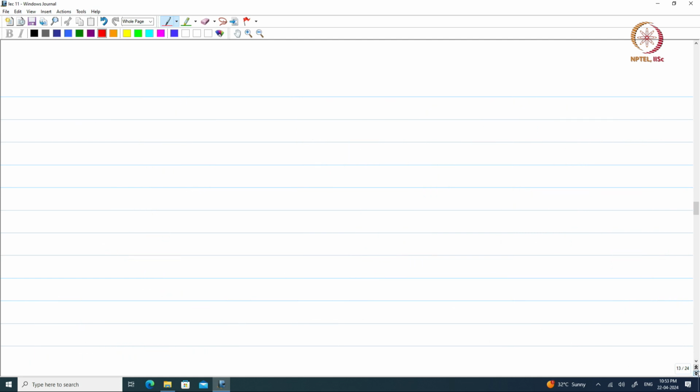Now, what do we want to find out? We want to find out the area of a parallelogram whose sides are, let us say, along x and u.